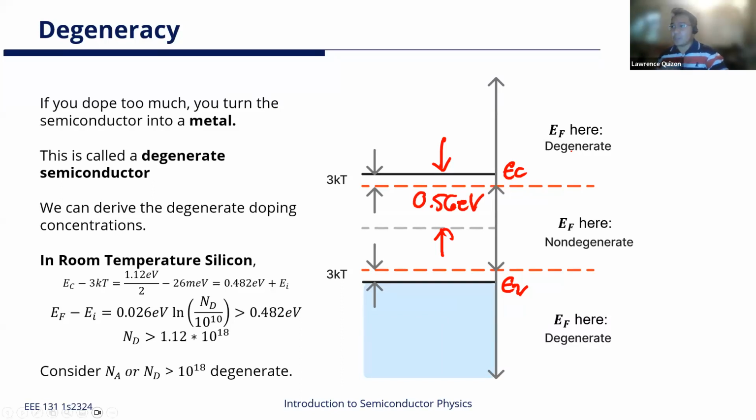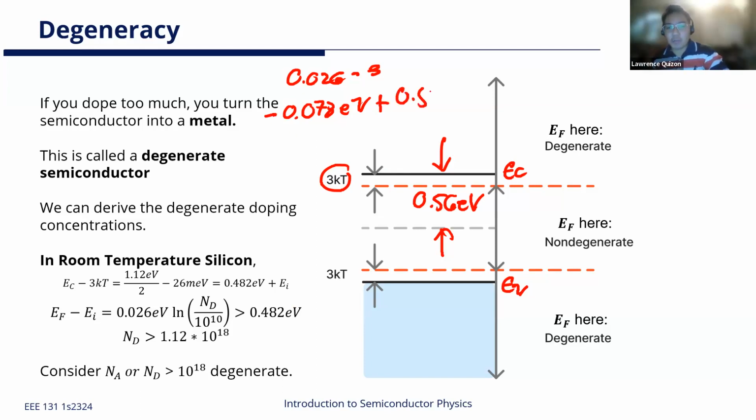Right? So we have that as reference, no? 0.56 minus 3 kT, no? So 3 kT is 0.026 times 3, right? It's about 78 milli-electron volts. So you subtract that from 0.56 electron volts and it equals, eto, no? 0.482 electron volts. Bakit ko kinalculate to?